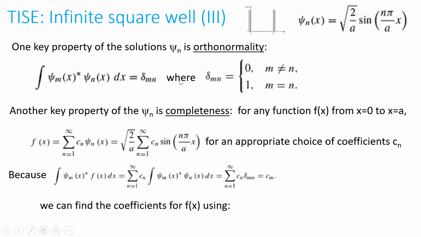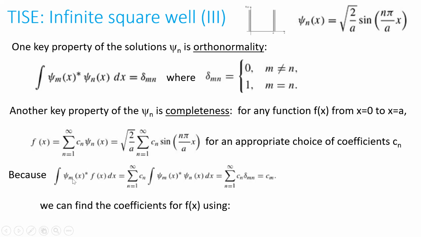Okay, so you might be wondering, if we have a given f of x, like, I don't know, just a straight line across, let's say, how would we find the coefficients Cn, which would allow us to represent it as a sum of these sines?